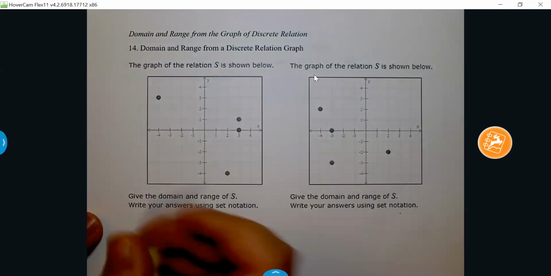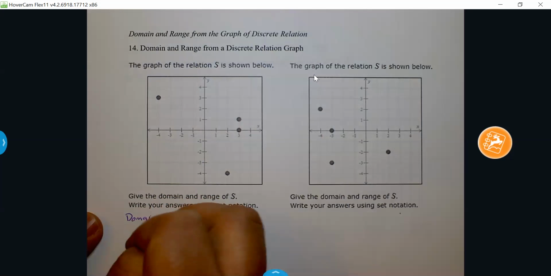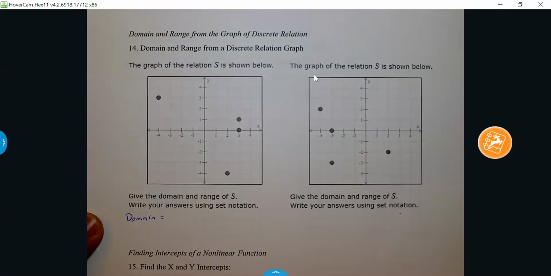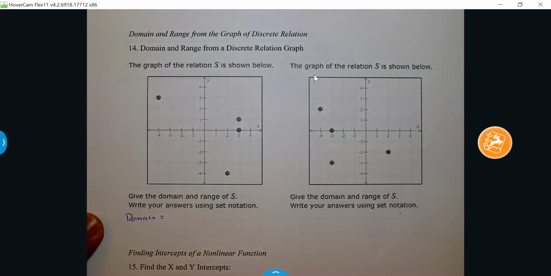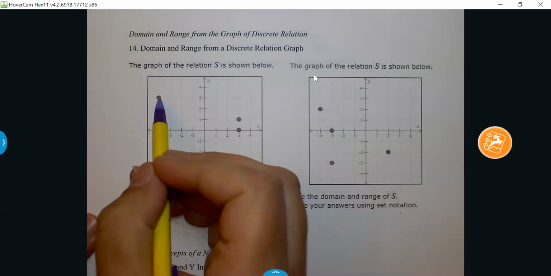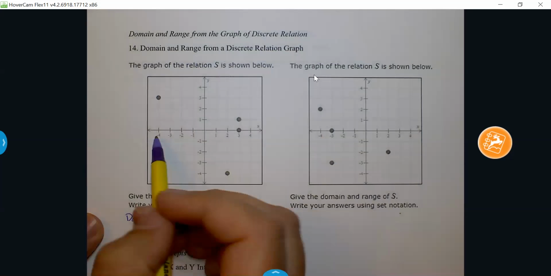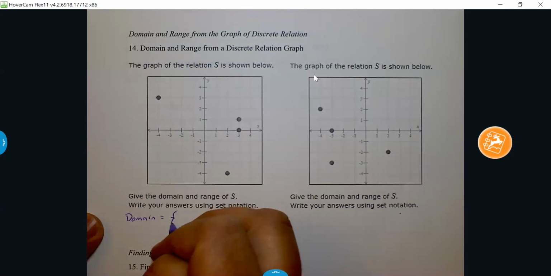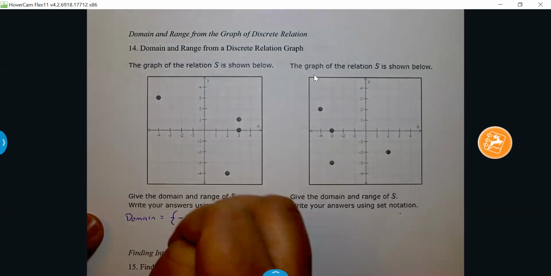Okay. So domain. What we need to do first is come up with the x values of all of these points, starting with our lowest x value and ending with our highest x value. We go from left to right when we're talking about domain. So this dot has an x value of -4. So we make our curly bracket there, and then we have -4, comma.